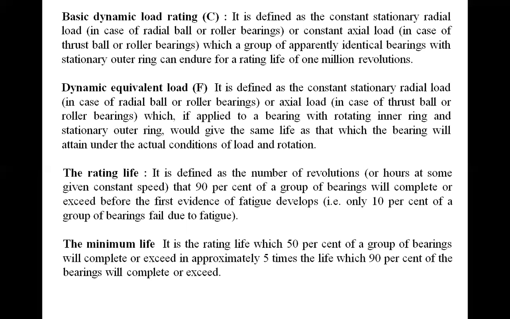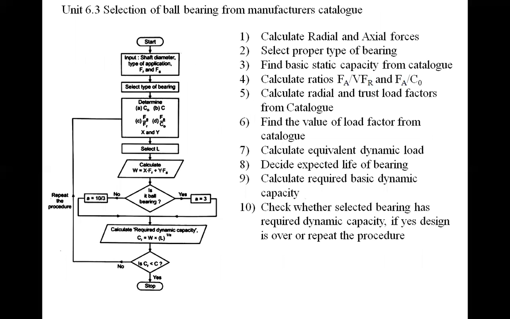So here, by using C0, that is the static load, C, the dynamic load, or the equivalent load F, we have to select the bearing from the catalog. Okay. So that is one more part in our syllabus. How to select a bearing from a manufacturer's catalog? As we know, very few calculations are required. We know only the radial and axial force, nothing more than that.